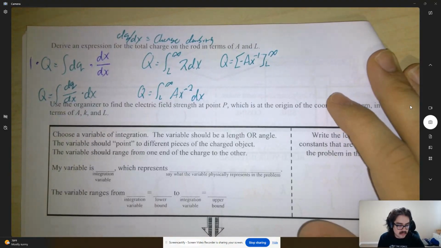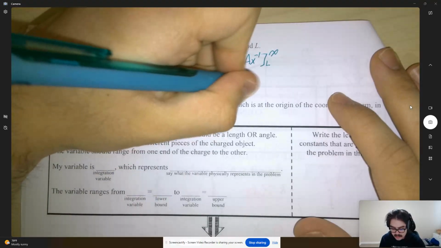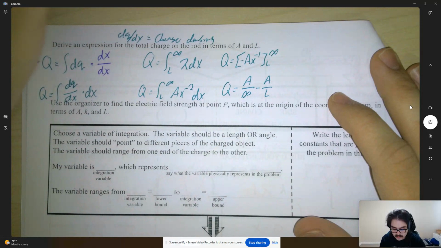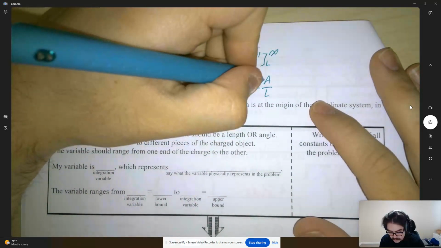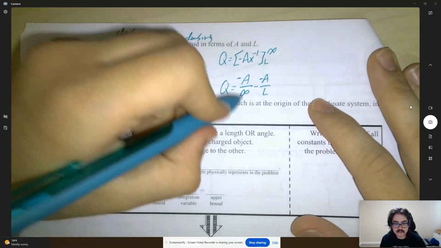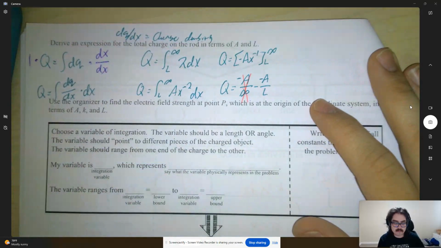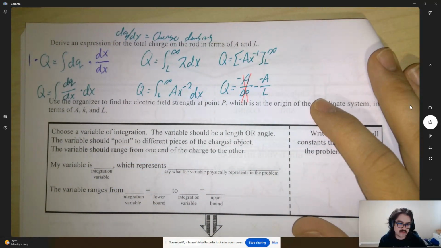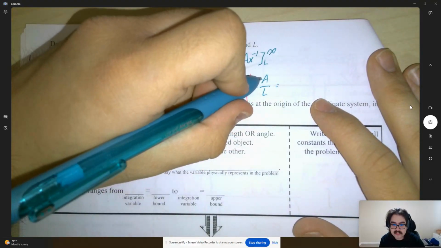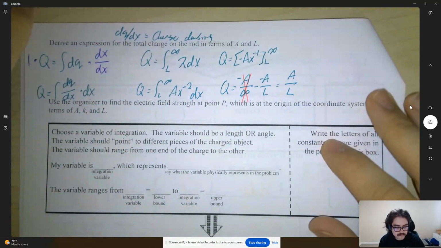And then when you apply your bounds, you end up getting negative A over infinity minus negative A over L. And A over infinity is just going to turn into 0, because if you have A slices of pizza and you have infinite friends to divide them between, you're going to have 0 slices. Nobody's getting any pizza, right? So this is going to be minus negative A over L, which is just going to be positive A over L. And there you go.